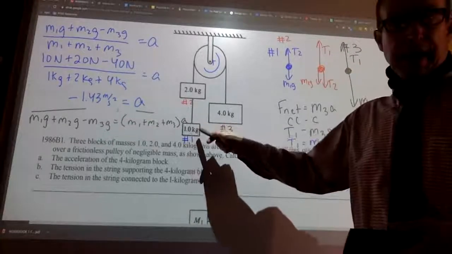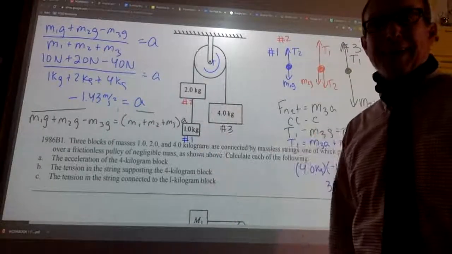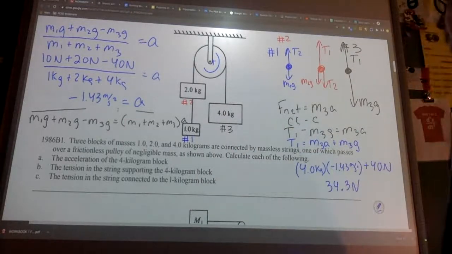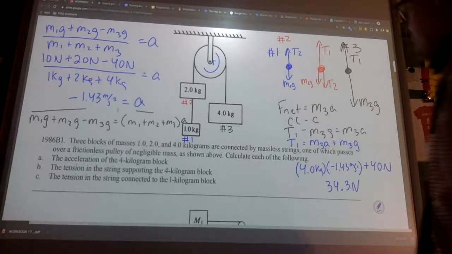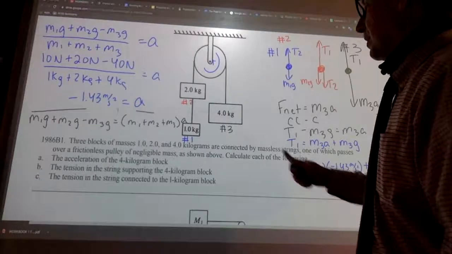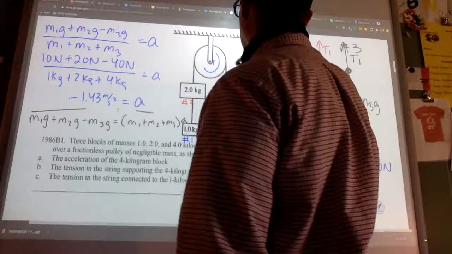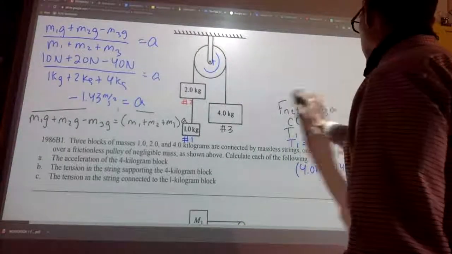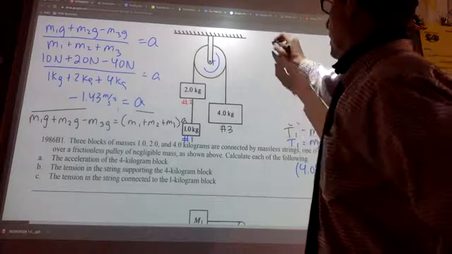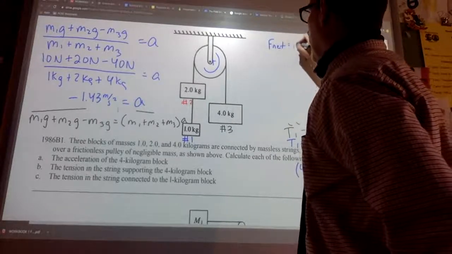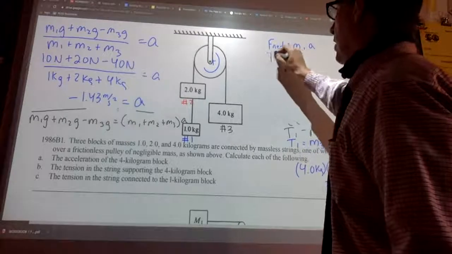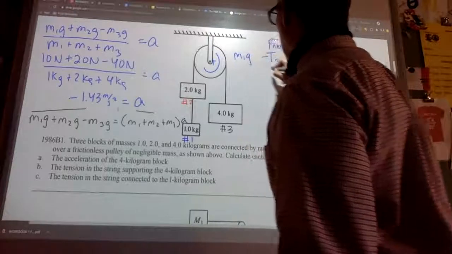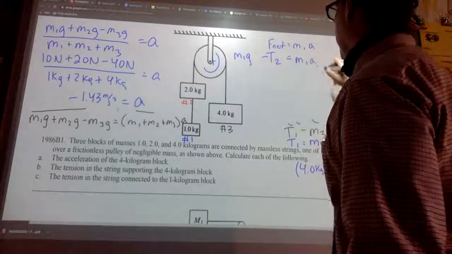For the 1 kilogram block, the tension should be more than 10 because this block goes up, it accelerates up, right? So it's lifting it and accelerating it. So I'm going to look at that equation, which I erased. This was Fnet equals M1A, and this was M1G minus T2 equals M1A.